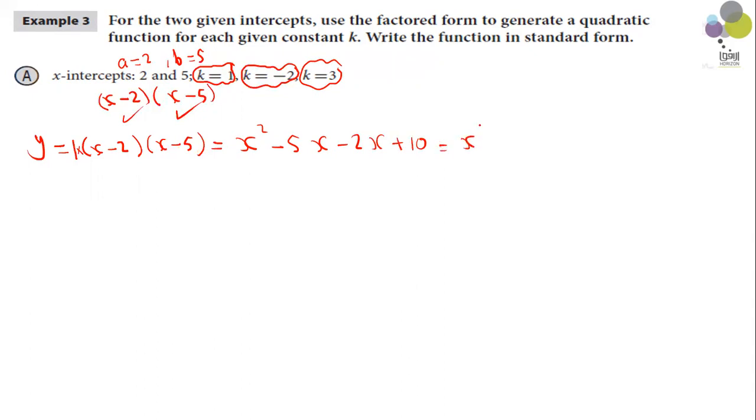Simplify more, combining like algebraic terms. So x squared minus 7x plus 10. So the first one is done.